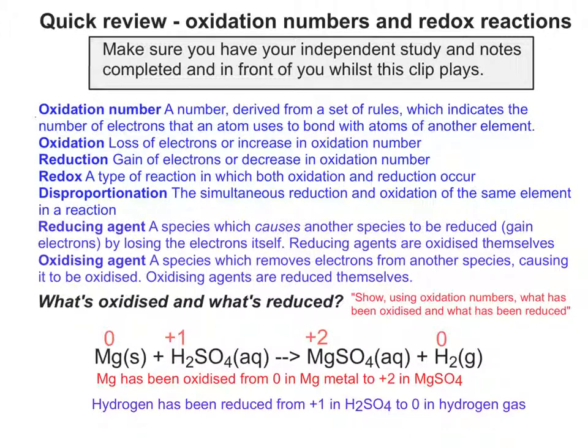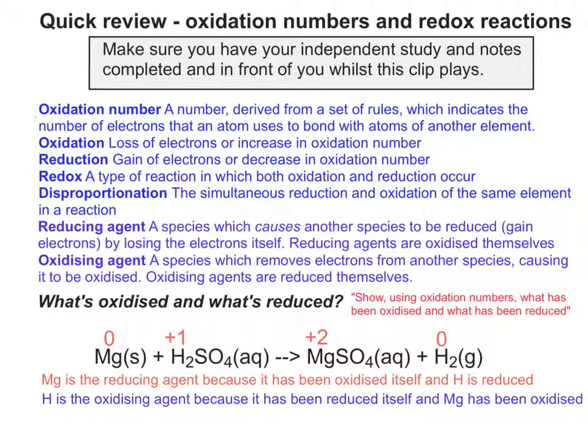And we can say that hydrogen has been reduced from +1 in H2SO4 to 0 in hydrogen gas. In terms of the oxidizing and reducing agents, magnesium is the reducing agent because it has been oxidized itself, and hydrogen is reduced, and hydrogen is the oxidizing agent because it itself has been reduced and magnesium has been oxidized.